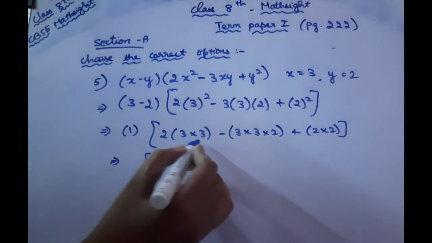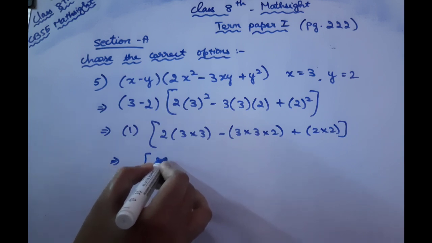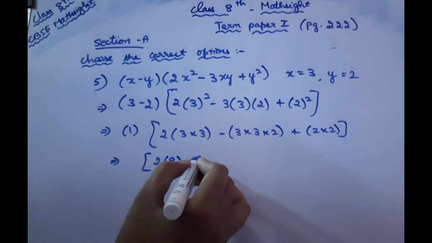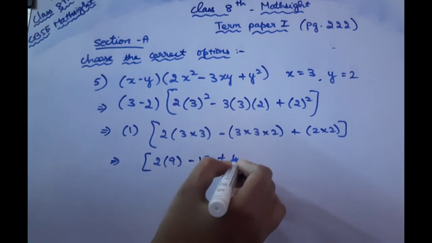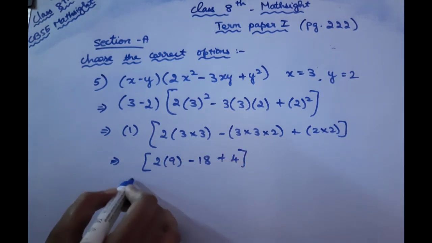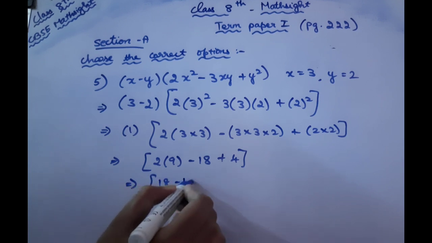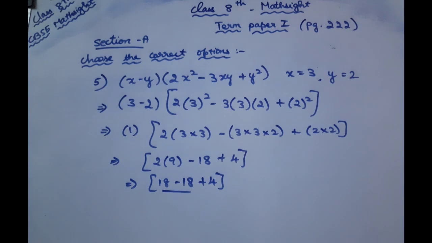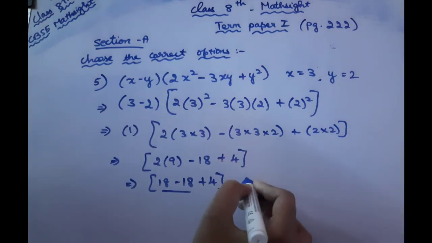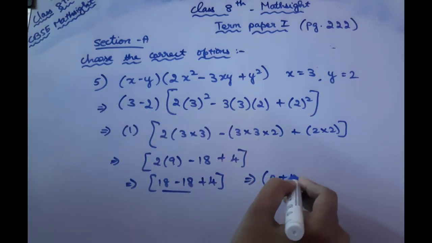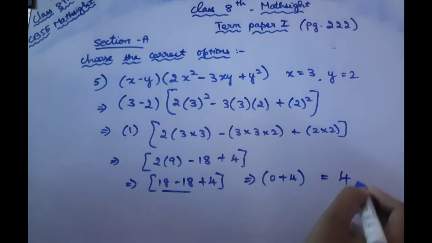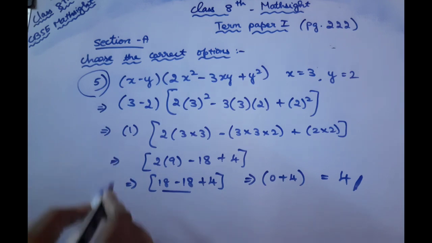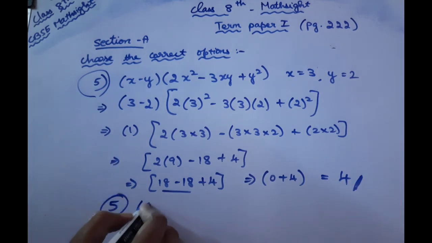So 3 into 3 is 9, 2 into 9 is 18, minus 18, plus 4. 18 minus 18 is 0, so 0 plus 4, and the final answer is 4. Option A, 4, is the correct answer for the fifth sum.